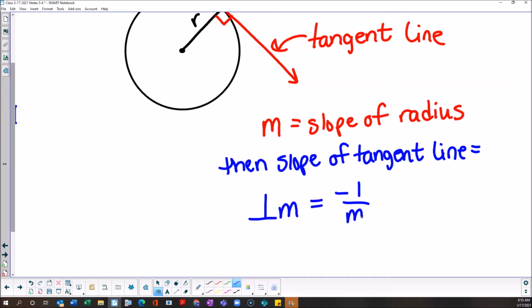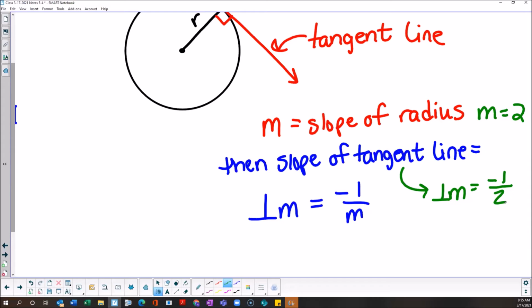So let's do it with numbers instead. Let's say the slope of the radius is 2. Then the slope of the tangent line, the perpendicular slope to M, would be -1/2. You remember that? Kind of, sort of.